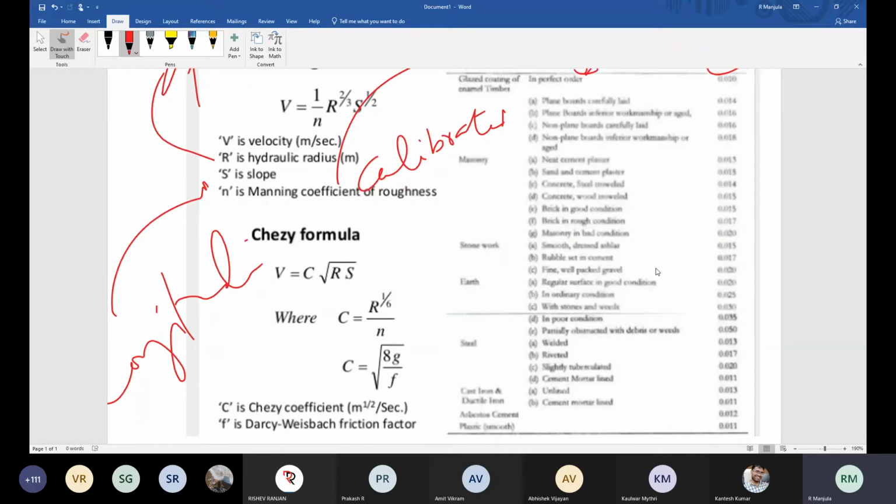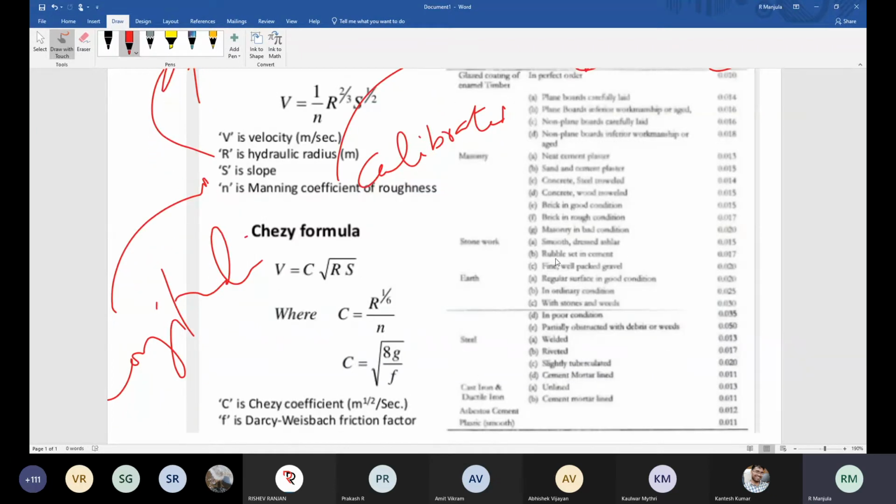Similarly, for stone work, you can see smooth dressed stone, rubble set and so on, and the values are increasing. Then earthen materials have the maximum roughness, because earthen material always has more roughness compared to plain materials. Stone timber is very plain, masonry is somewhat rougher, stones are rougher, and earthen materials are rougher still.